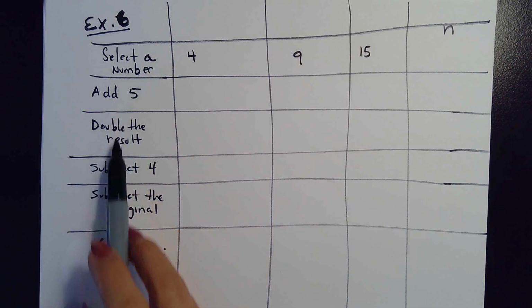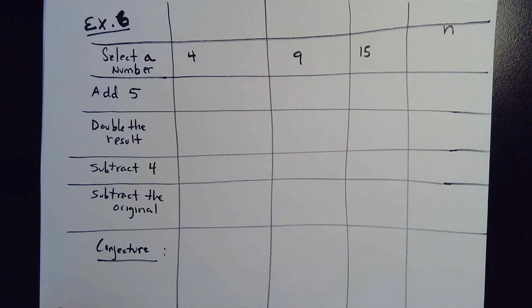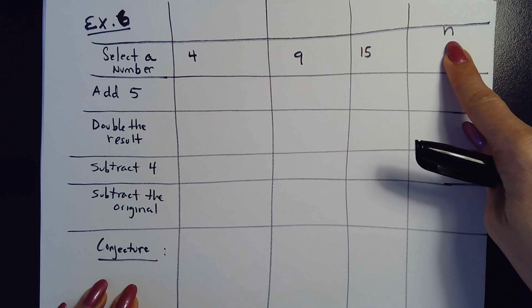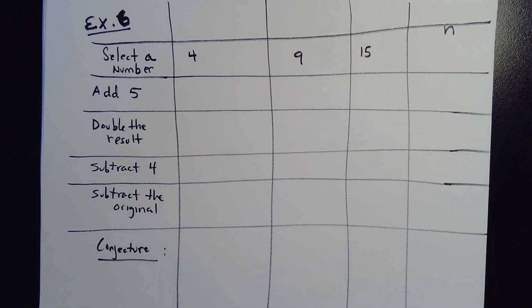You're going to apply this process and see what it does to the original number, and then write a conjecture based on our observations. Once we have the conjecture, we prove it for the general case using the letter n to represent any number.